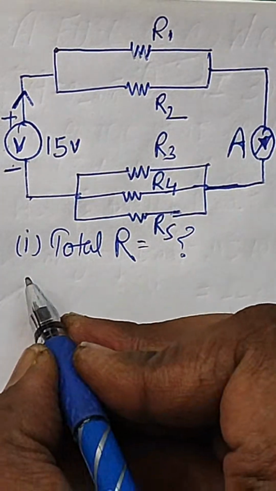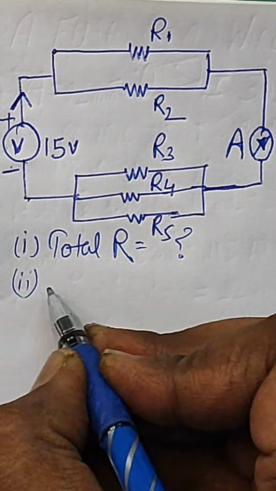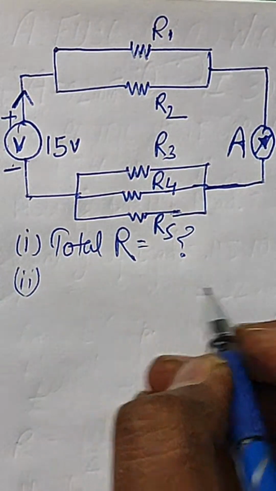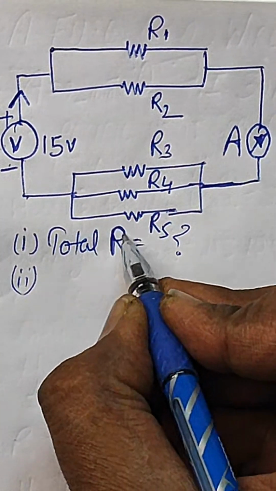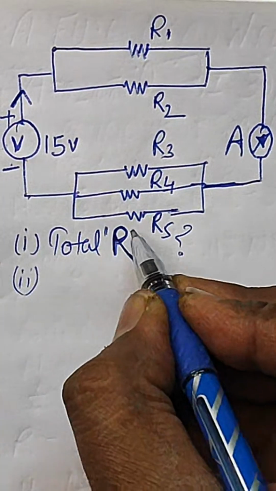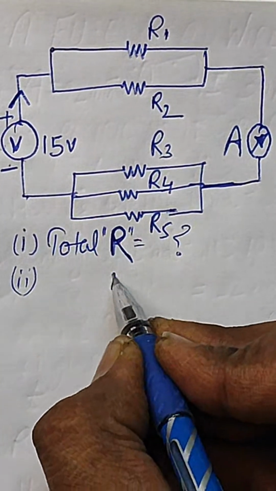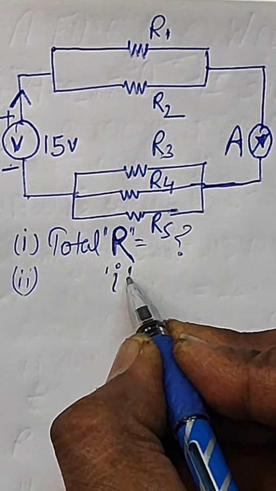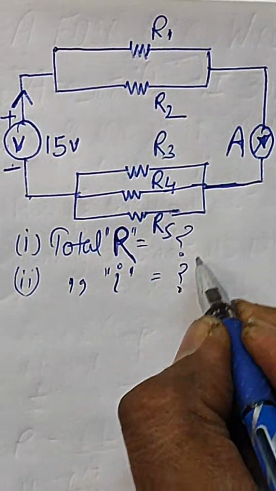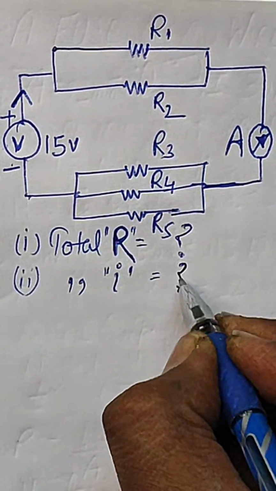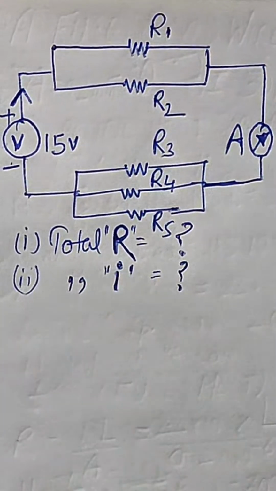This is part 1, and part 2 is how much current is flowing through the circuit. That means first we need to find R, then I, that means the total current is equal to how much. Both of these are question marks for you.